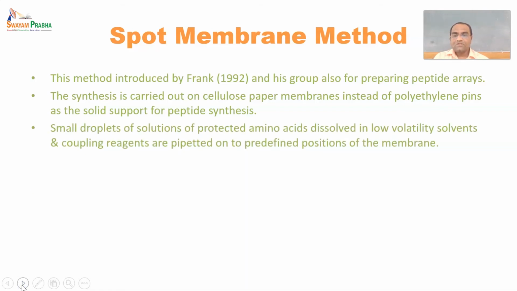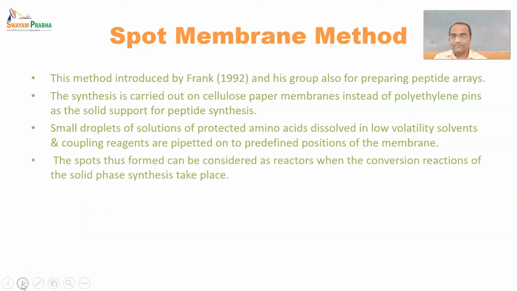Small droplets of solution of protected amino acid dissolved in low volatility solvents and coupling reagents are pipetted on predefined positions of the membrane. A spot thus formed can be considered as a reactor where the reactions of solid phase synthesis take place.